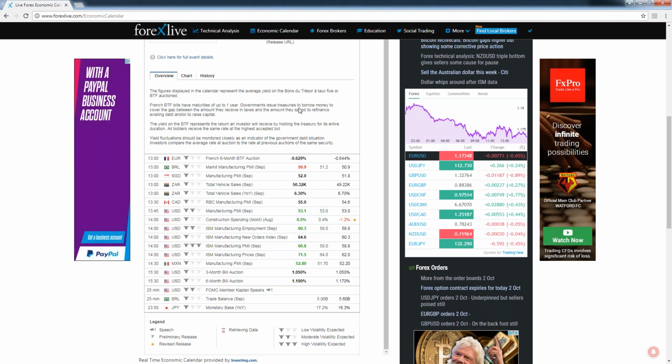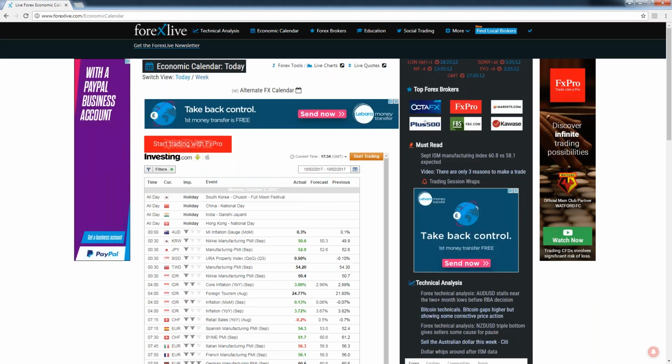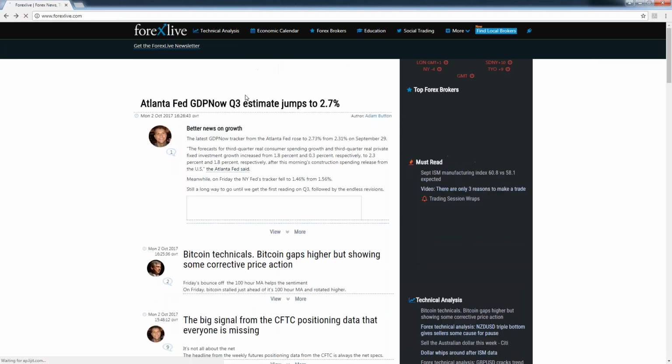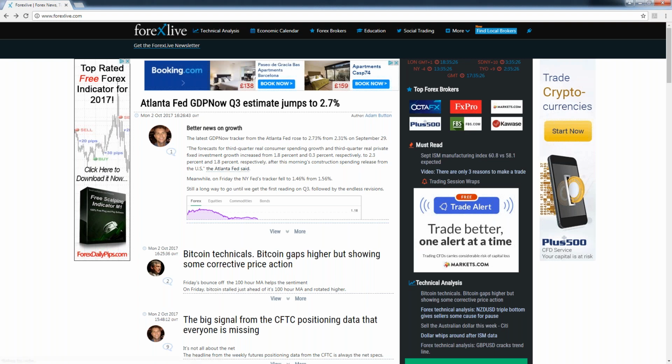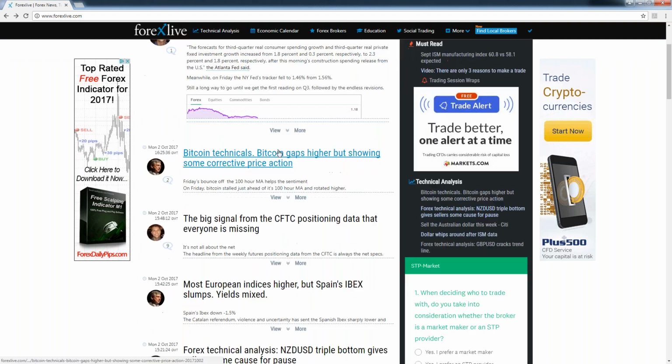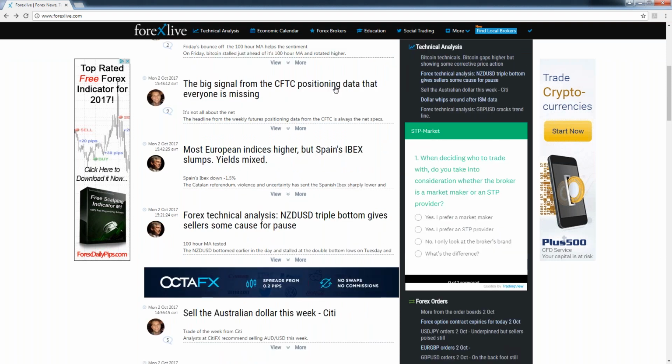The same with retail sales. What are people spending? What is the confidence like in the market? So you weigh up exactly what is in the headlines, and you need to see what's in the headlines to really grab a good grasp. We've gone through this before. Very, very simple. Just check some headlines out. Better news on growth. So these numbers talking about growth now seem to be in the headlines, and markets are factoring in growth numbers.